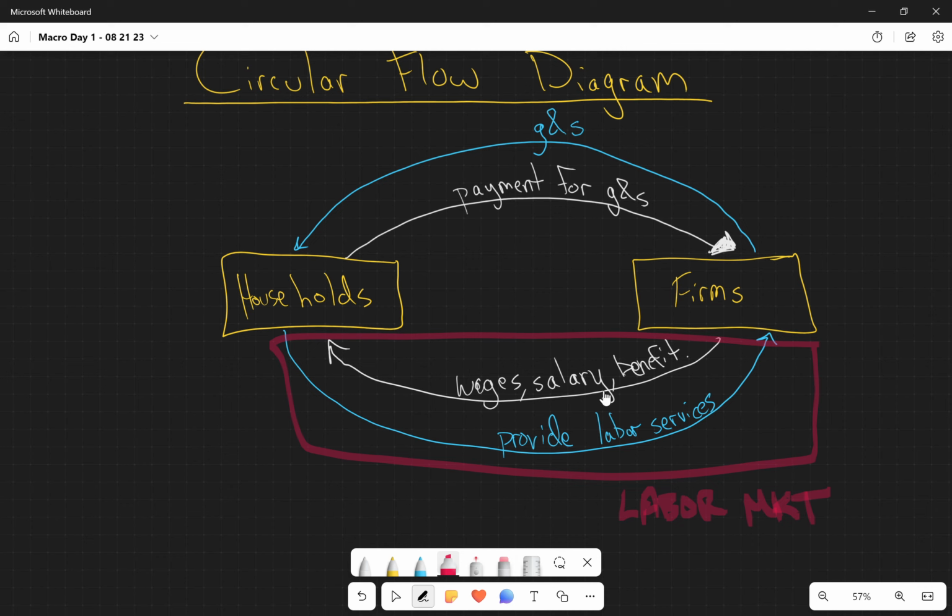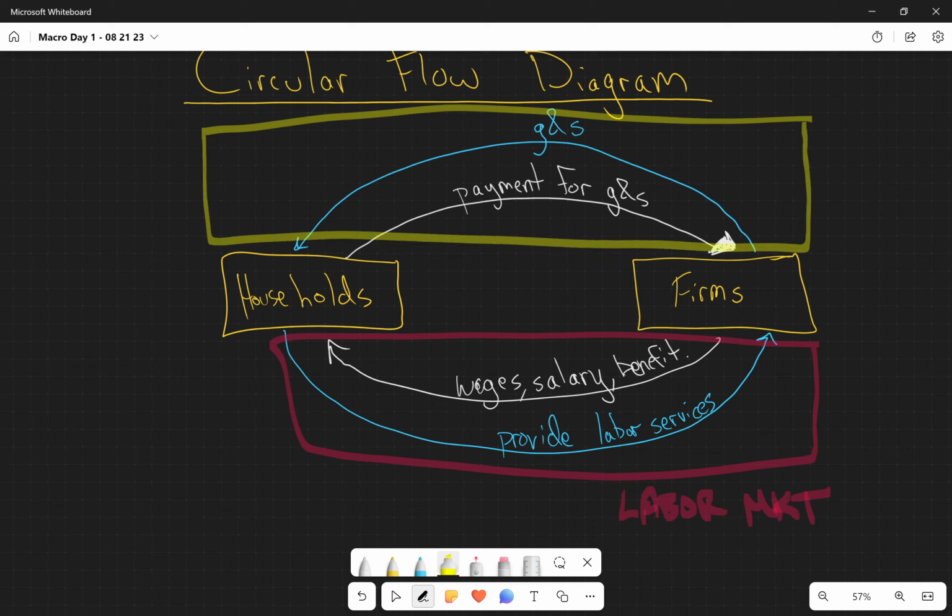And the top section, let's try a little lighter highlighter, is going to be our goods and services market.